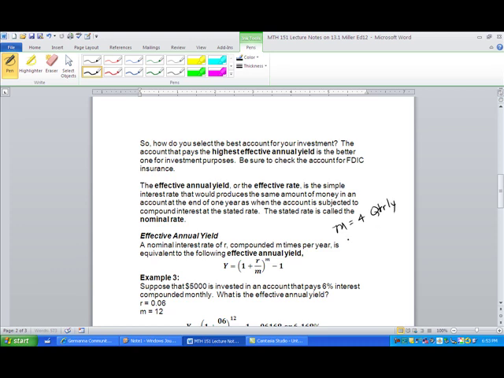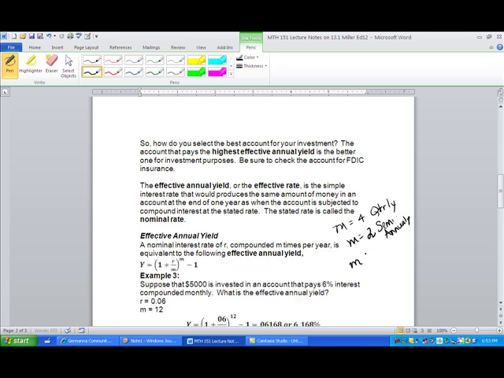M equals 2 if it's done semi-annually. I'm sorry, I had written a 6, that should be a 2. If it's done monthly, M would be 12. Okay, so that's the kind of thing we're talking about. How many times a year will it be compounded? And we take 1 plus R divided by M raised to the M power, and then we subtract 1.